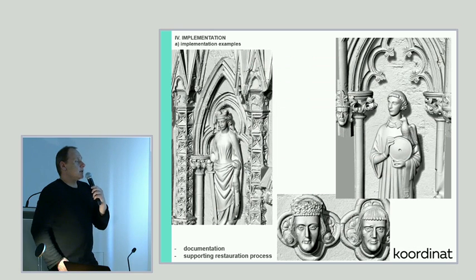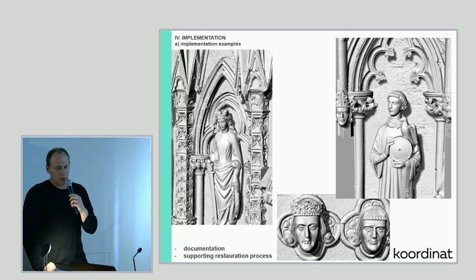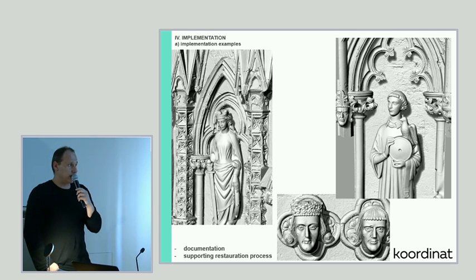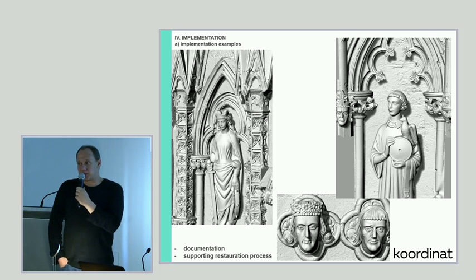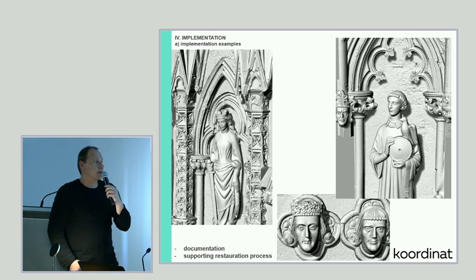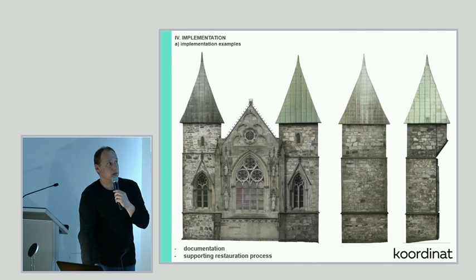And of course, again, when it comes to details, I simply climbed on the lift and did all the sculptures with the 0.5 millimeter laser scanner, just to have the best possible results.